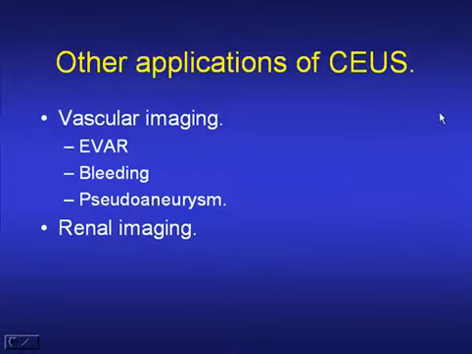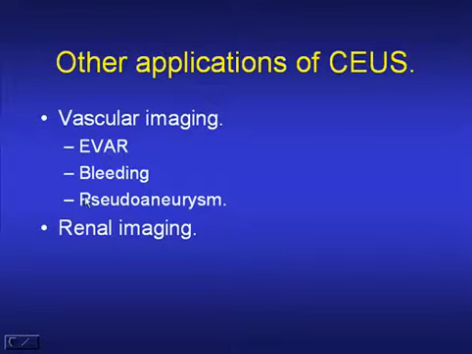Now, there are a number of other applications of contrast-enhanced ultrasound that I don't have time to talk about. They can be used very effectively in renal imaging to look at tumours and characterize them, and also distinguish to a certain extent benign from malignant small renal tumours at least as effectively as we can with CT. But they can also be used very effectively for vascular imaging. They can be used to show leaks for endovascular aortic repair.